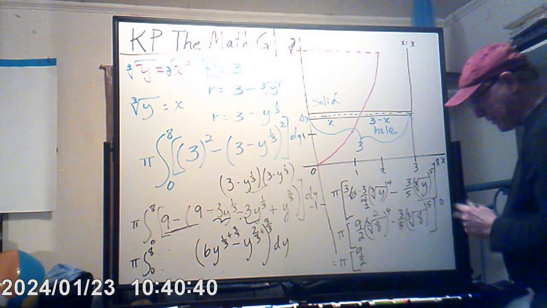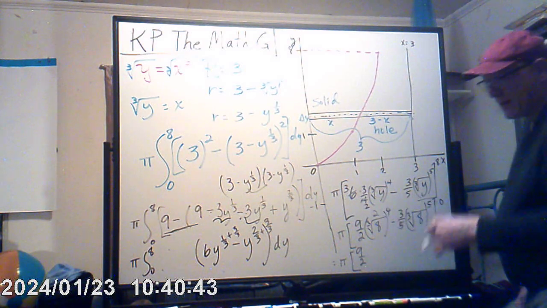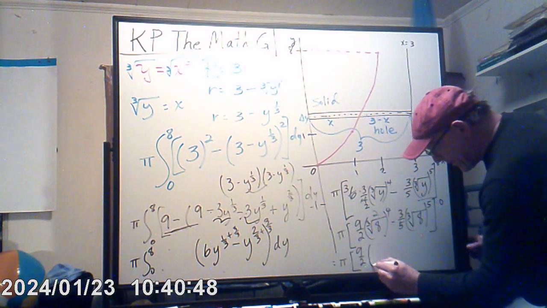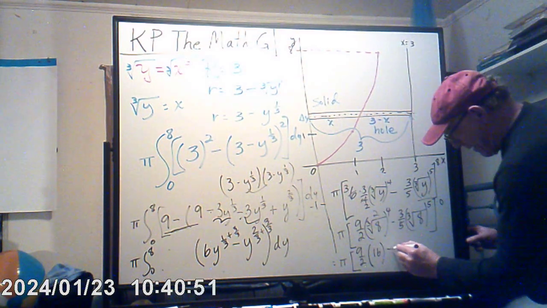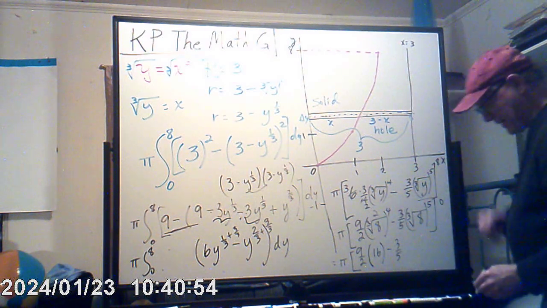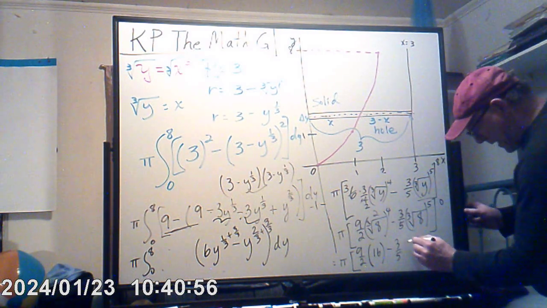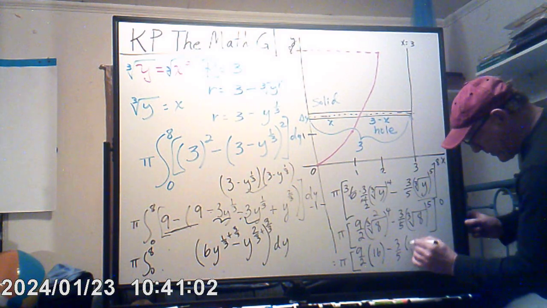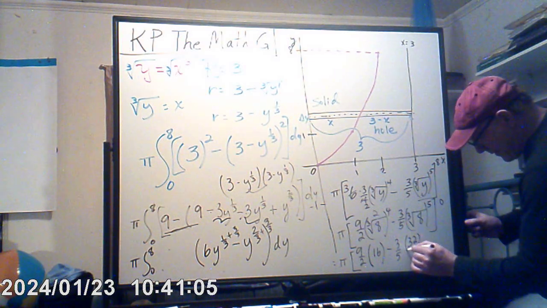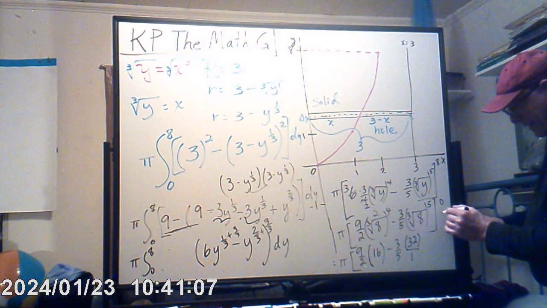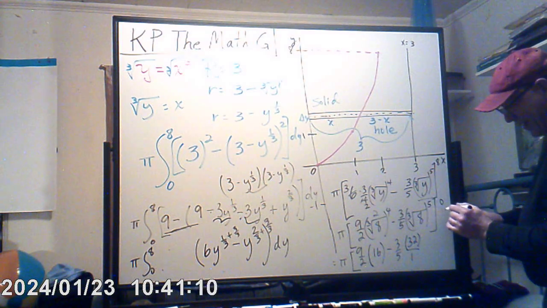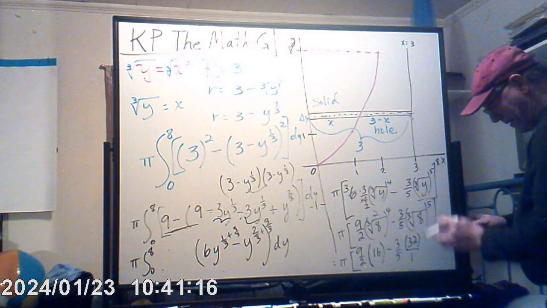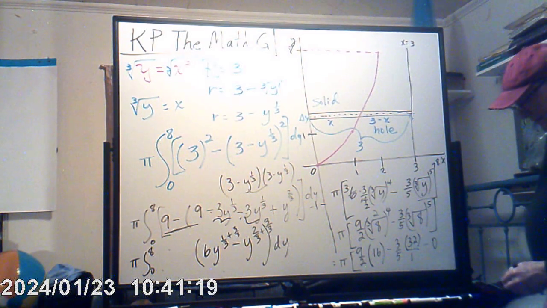So 2 to the 4th is 2 times 2 is 4, times 2 is 8, times 2 is 16. So this is all 16. Alright, 3/5. The cube root of 8 is 2. 2 to the 5th is 32. Now remember, if we plug the 0 part in there, that is going to be just all zeros here. So minus 0, like that.